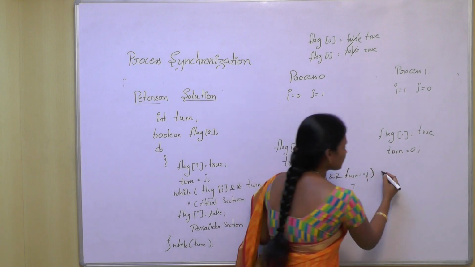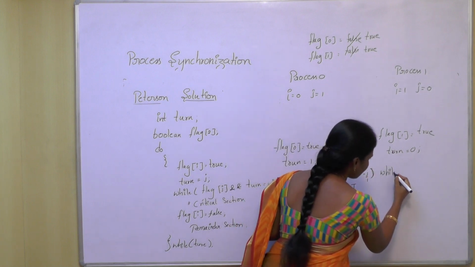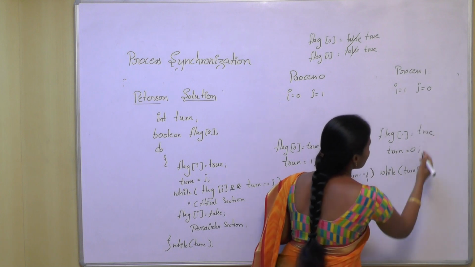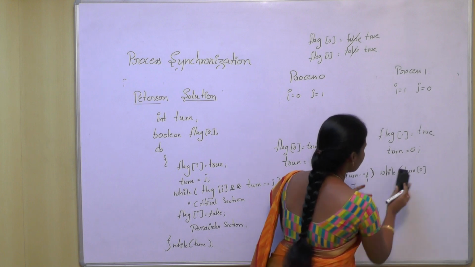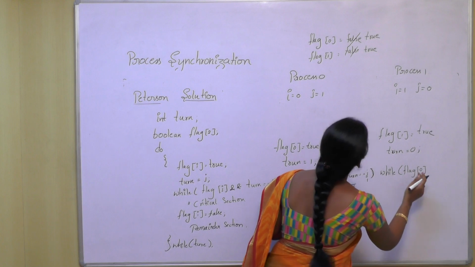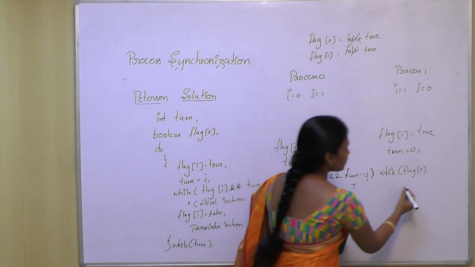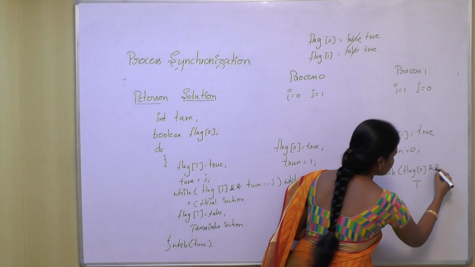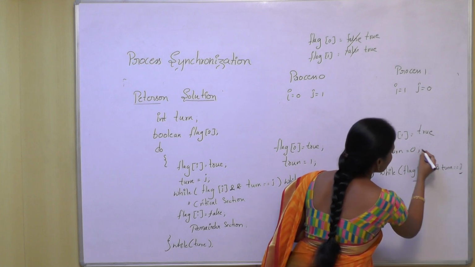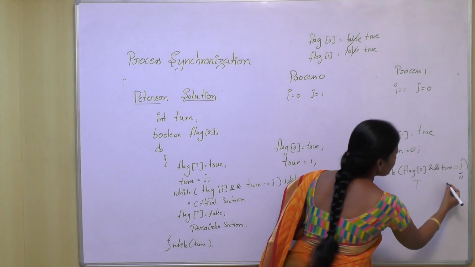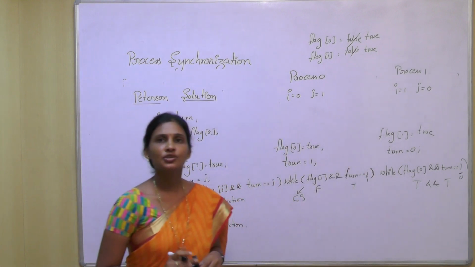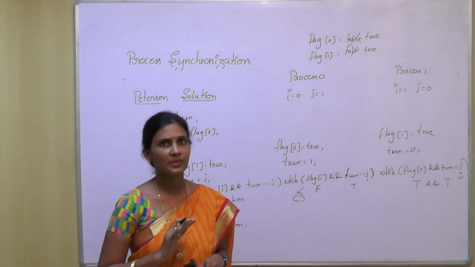Now we execute the condition: while flag of j, sorry, flag of 0. What is flag of 0? Flag of 0 is true and turn equals j, where j is 0, so this is true. True and true, the condition is true. When this condition is true, the process is in busy waiting.